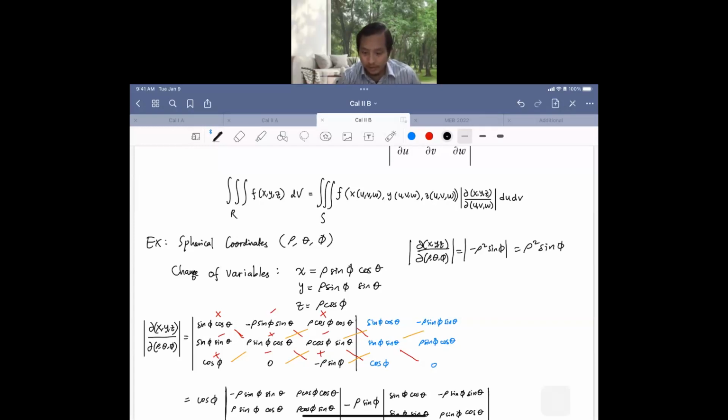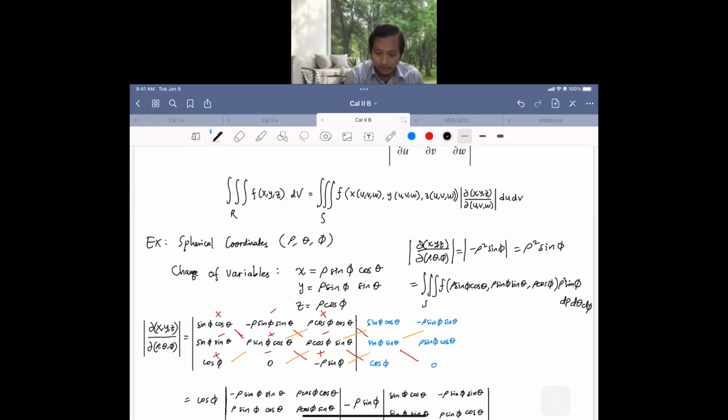And by the formulation, we are getting the expression for the spherical coordinates: ρ squared sine psi, dρ dθ dψ.